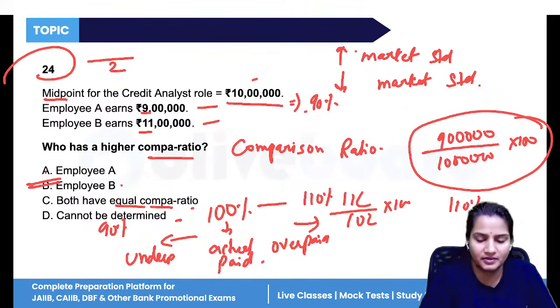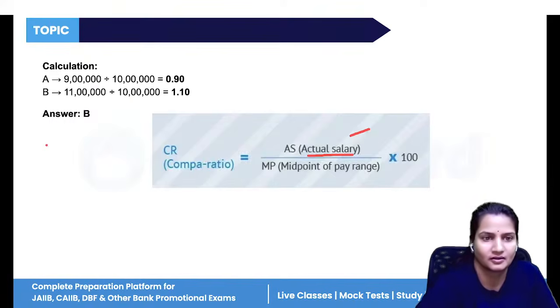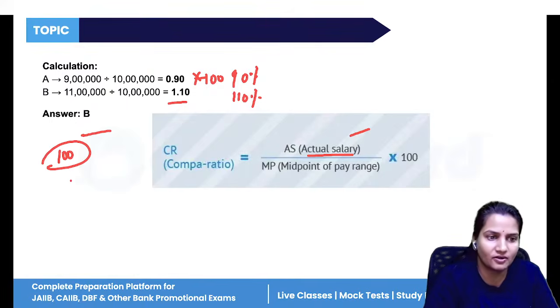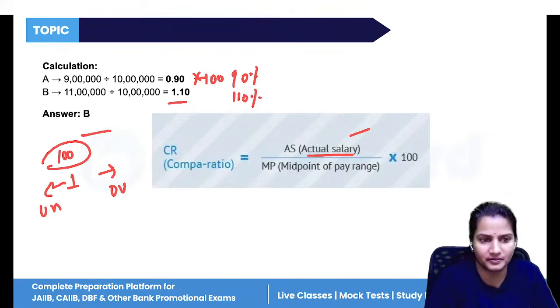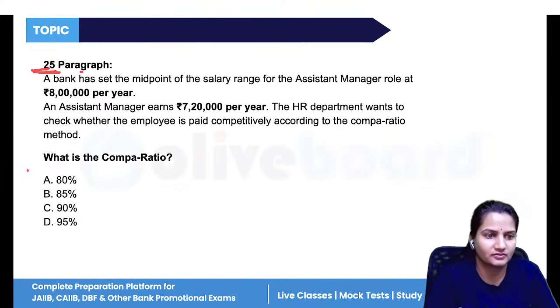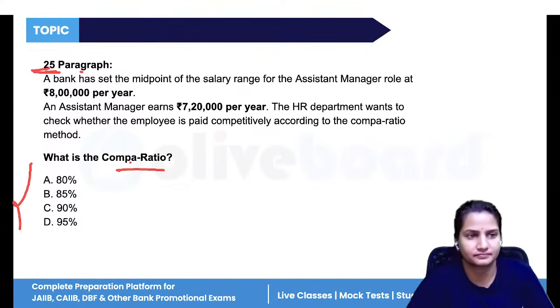That is employee B. So this is 0.90 into 100, which is 90%, and 110%. You can take either 100% or 1. If it is less than 1, underpaid. If more than 1, overpaid. If 1, actually paid. Again, the same type of question. Tell me quickly what is the answer.